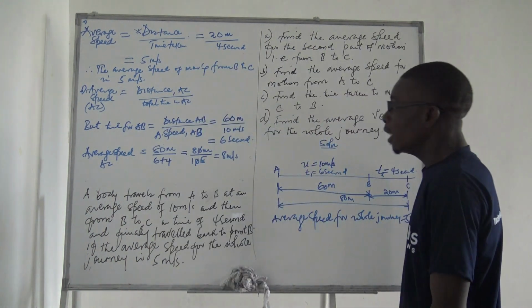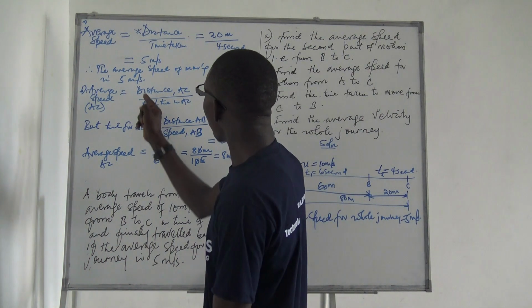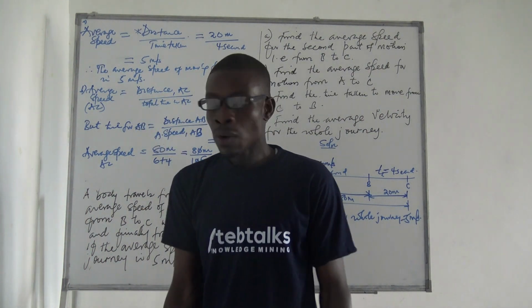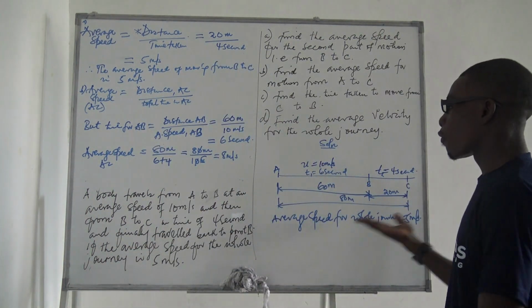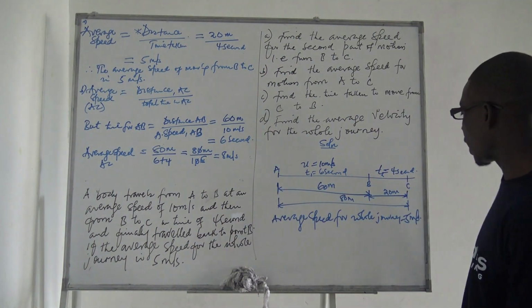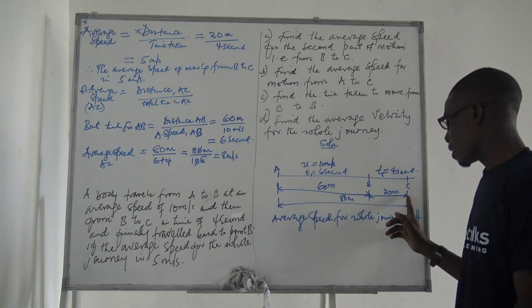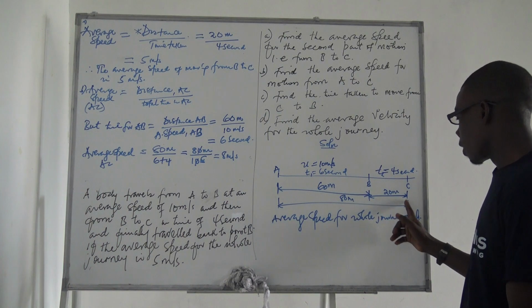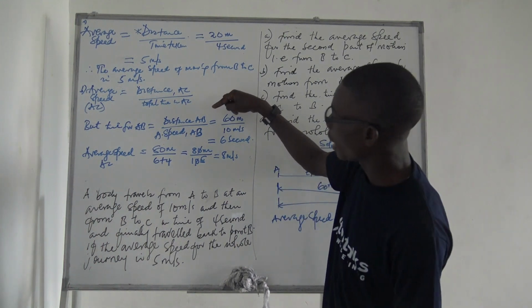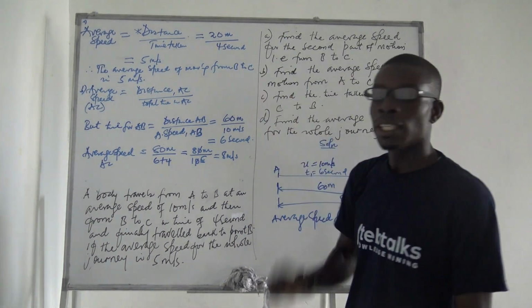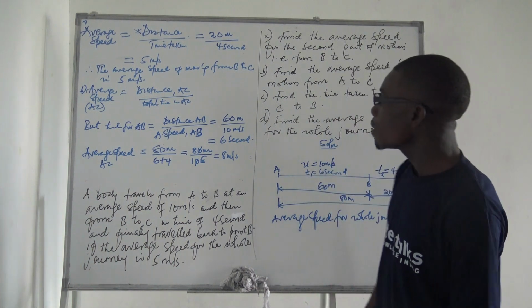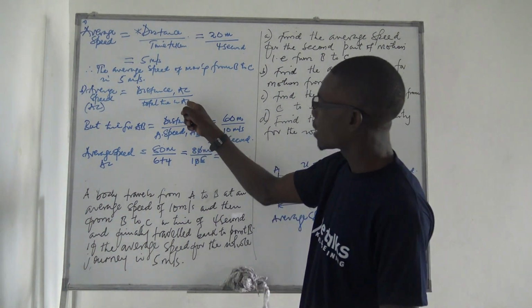And then we asked ourselves, are we having the distance AC? We went on our diagram following what the question was telling us. The diagram was telling us that the distance AC was given as 80, and then we realized that we have distance AC. And then we said, what about the time in AC?